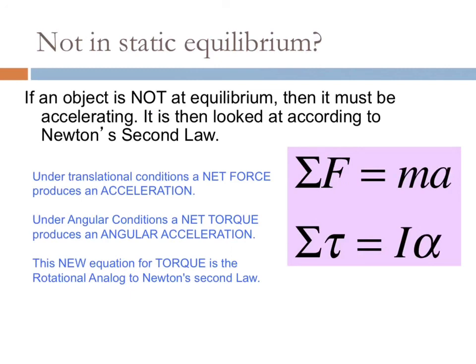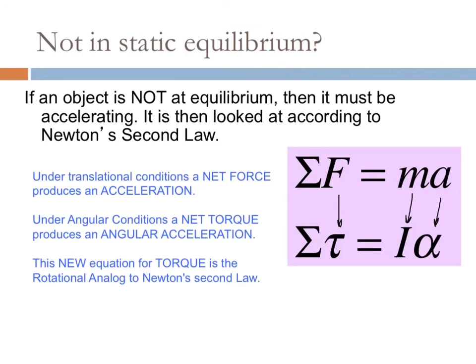Again, you want to think of everything in linear quantities translated over to rotational quantities. So again, we said that force is going to be very similar to torque. Moment of inertia, a measure of inertia, is how we rewrite mass, and angular acceleration is the translated version of linear acceleration.